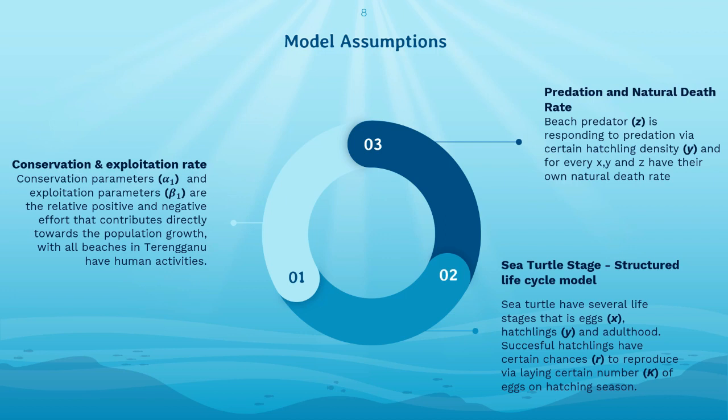The fish predator is represented by Z, and every X, Y, Z have their own natural death rate. Z is responding to predation via certain hatchling density of Y.